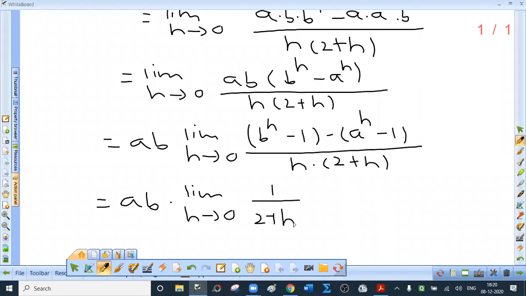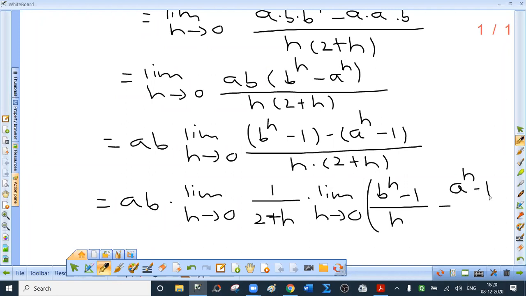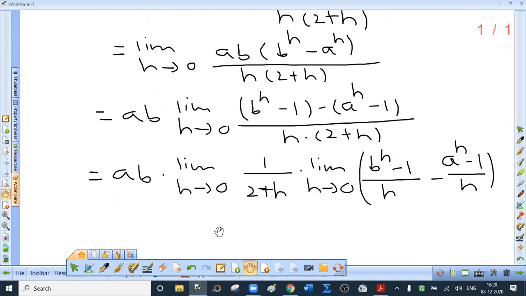Limit of this part can be taken into limit h tends to 0. Here split numerator: b raised to h minus 1 upon h, make use of bracket, right? Minus a raised to h minus 1 upon h. As I have written this part separately, that is why I can take the limit of first part. To take the limit means to replace every h by 0.